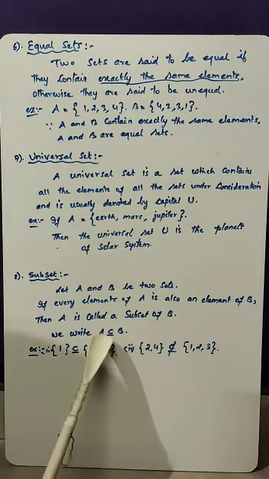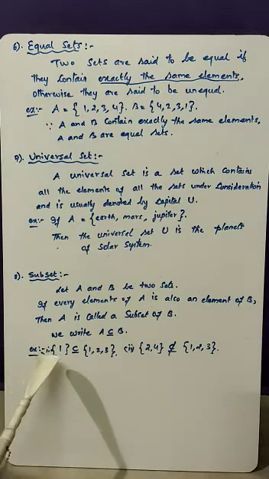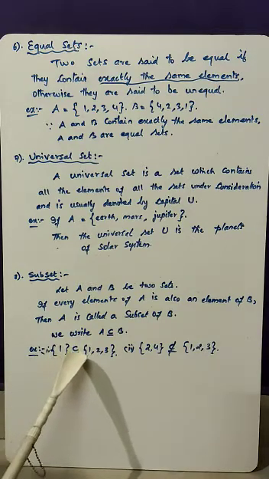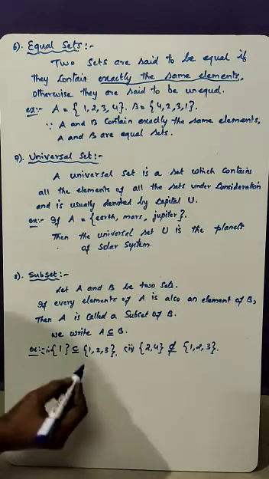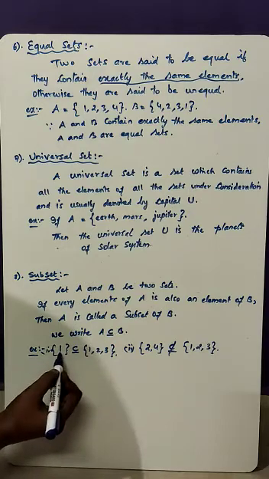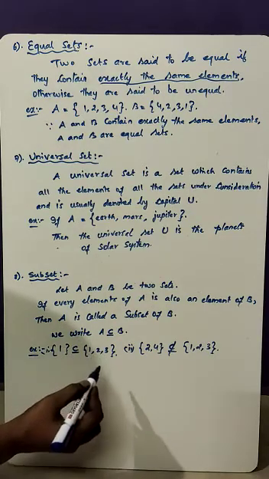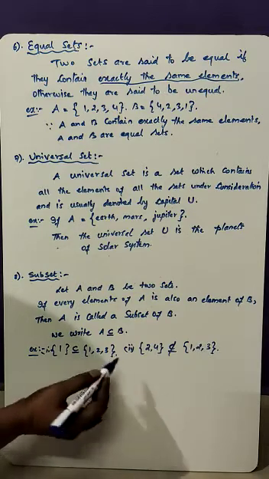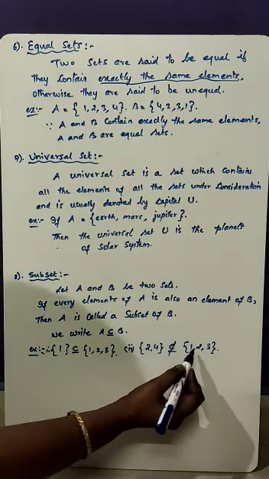Look at the subset symbol, that is A subset B. For example, {1} is a subset of {1, 2, 3}. Look at the first example: here the second one is 1, 2, 3, and this small part 1 is in it, so A is a subset of B. In the second example, we have {2, 4} and {1, 2, 3}.